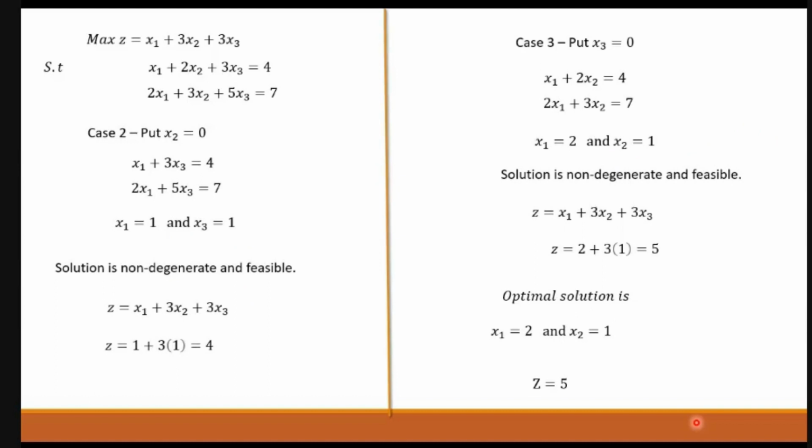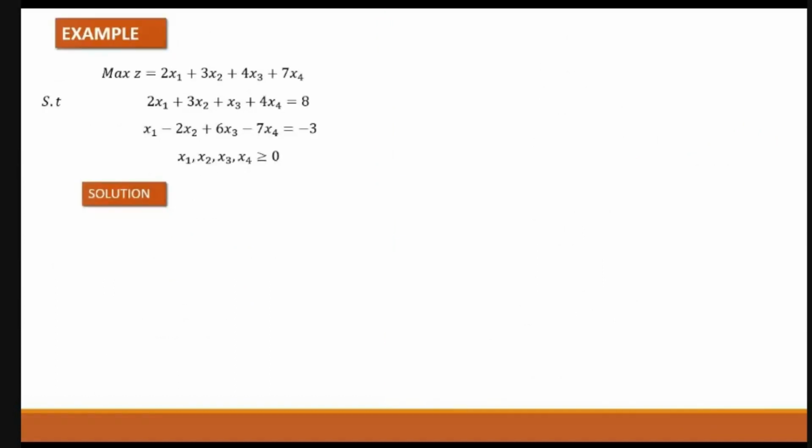Let's take one more. Maximize z equal to 2x1 plus 3x2 plus 4x3 plus 7x4 subject to. It's a simple problem here.